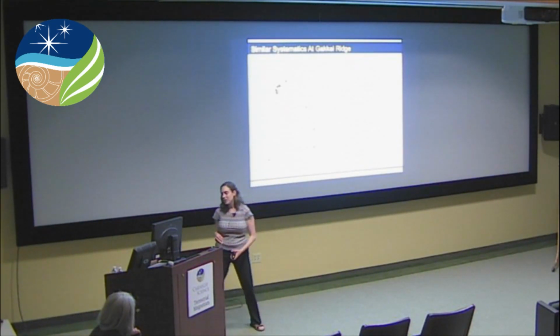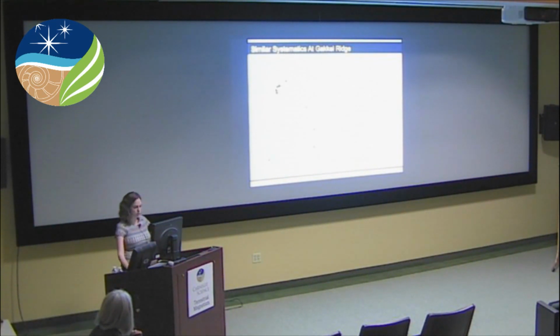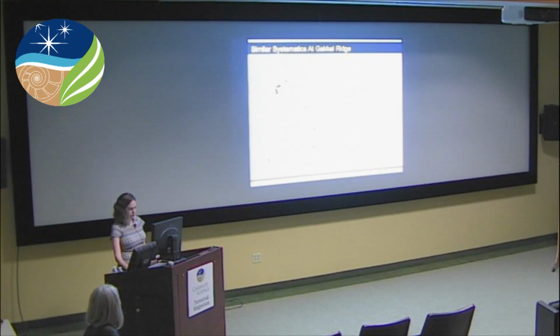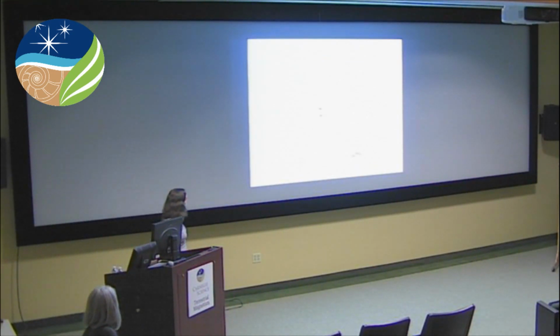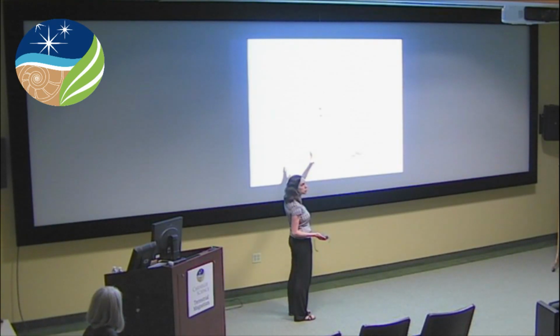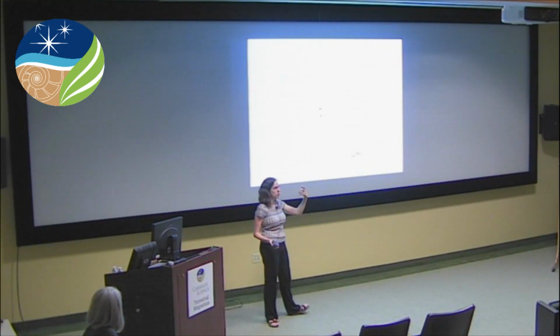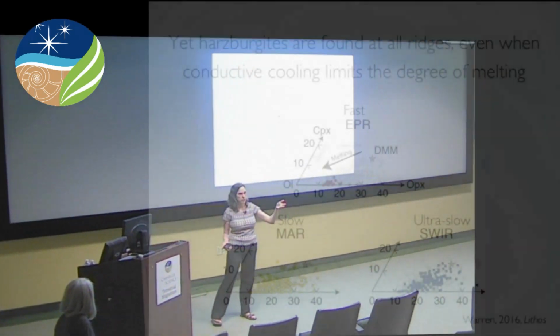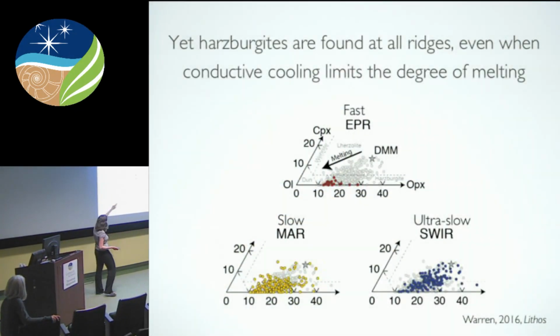Well, the modal data gets people very upset because, first of all, it's a lot of work. It takes 4 hours to point count one thin section. Some people will say there's too much analytical error in this because you're point counting partly serpentinized samples, and there is scatter in this. The orthopyroxene enrichment that they're talking about is kind of this scatter that you see at the Mid-Atlantic Ridge.